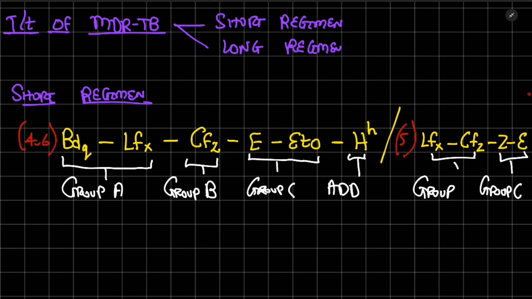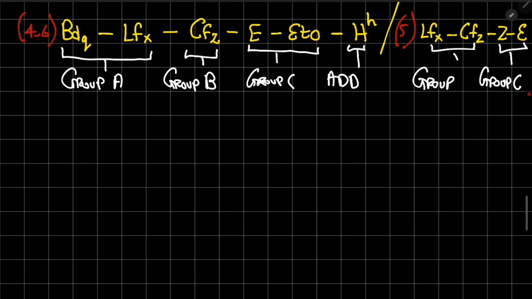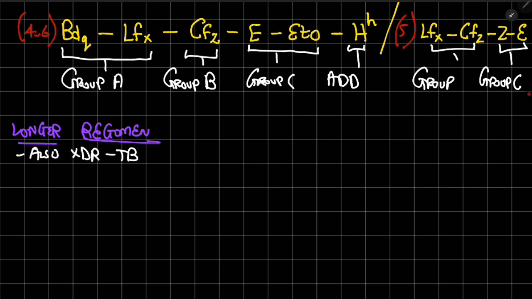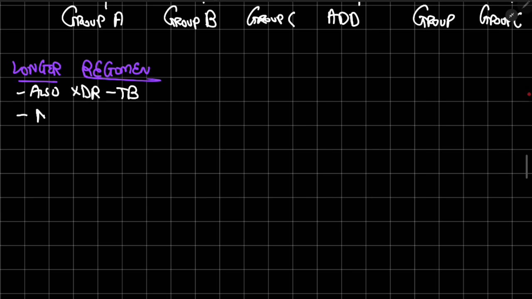Now comes the longer regimen of MDR-TB, and this long regimen also covers XDR-TB. Now as we saw in the monoresistance TB and polydrug resistance TB, there is no differentiation between initiation phase and continuation phase.